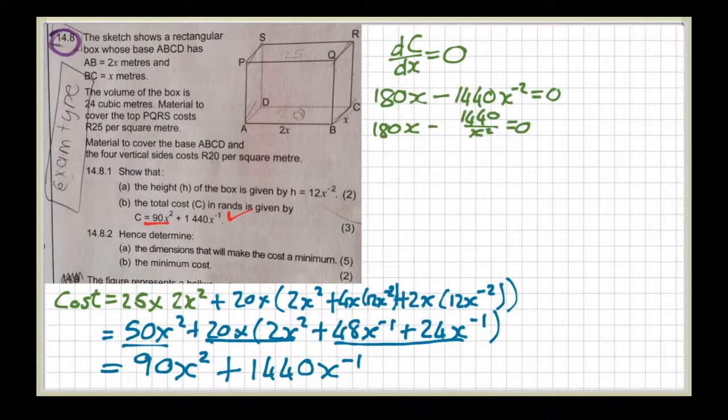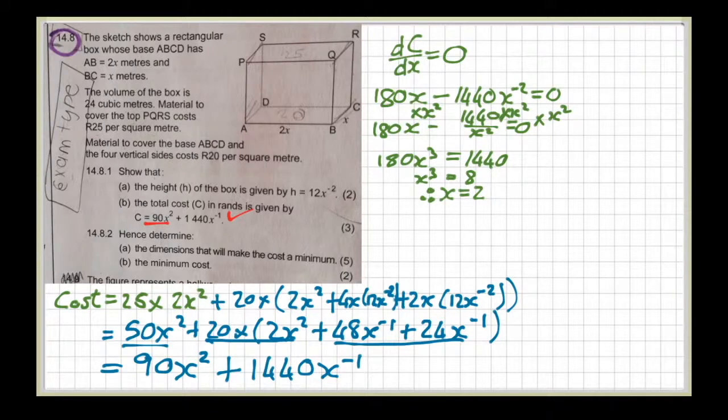If I multiply by x squared straight through, I get 180x cubed equal to 1440. x cubed is equal to 2. No, sorry, 8. So therefore, x is equal to 2. I've got my answer.